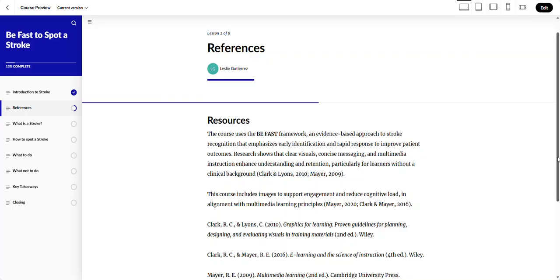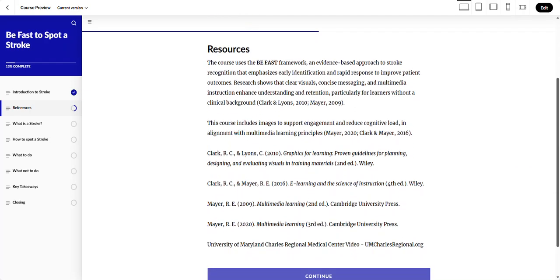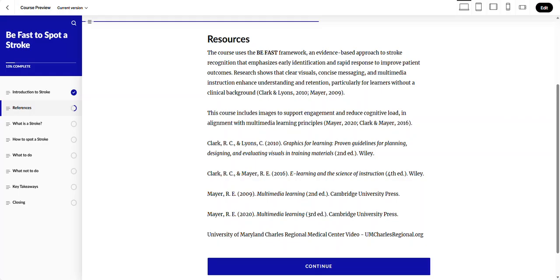The course uses the Be Fast framework, an evidence-based approach to stroke recognition, and emphasizes early identification and rapid response to improve patient outcomes.